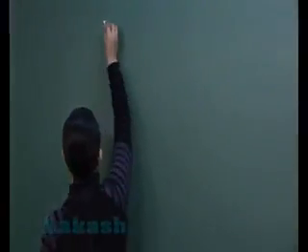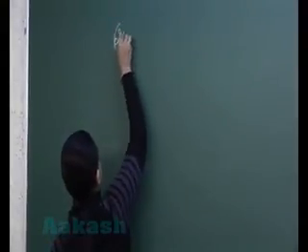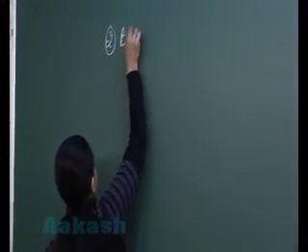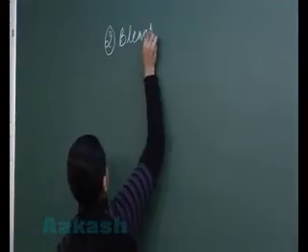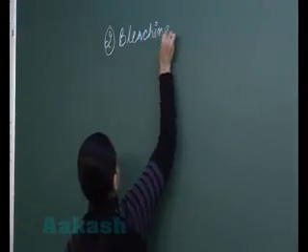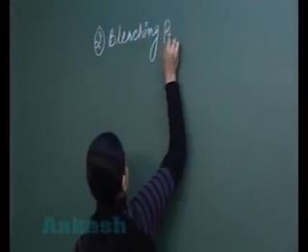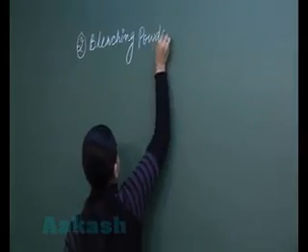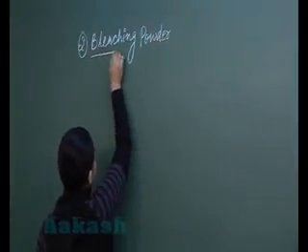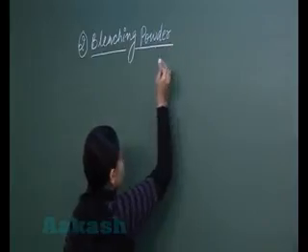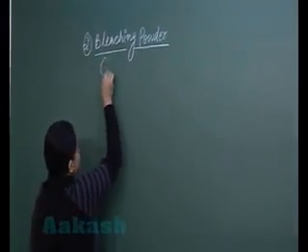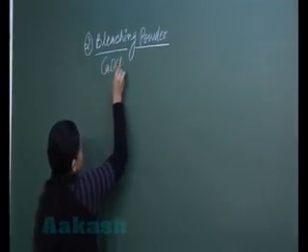So students, the second salt that we are going to study is bleaching powder. Students, bleaching powder is represented by the formula CaOCl2.